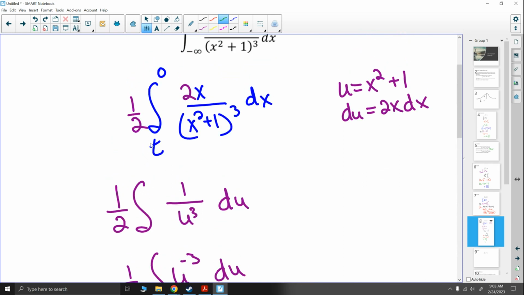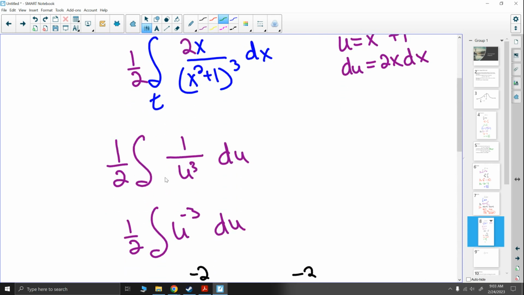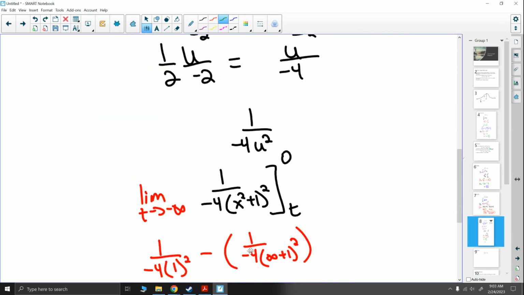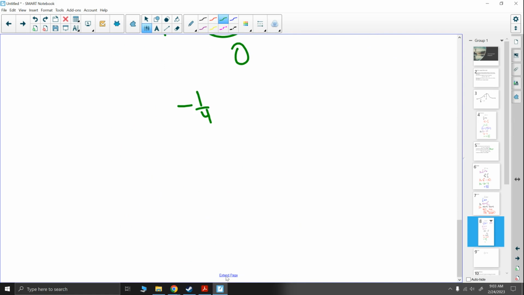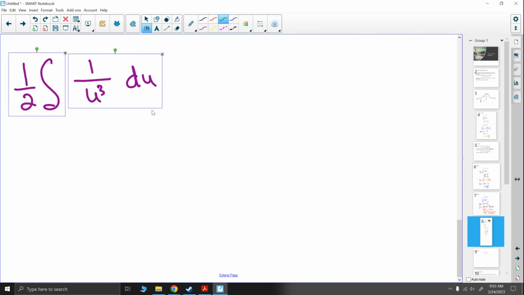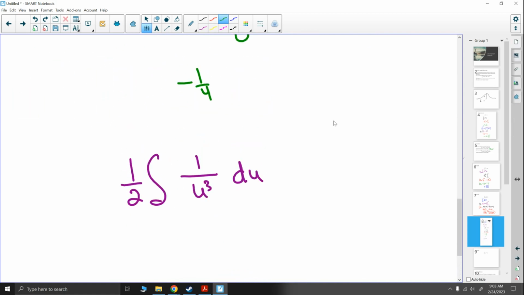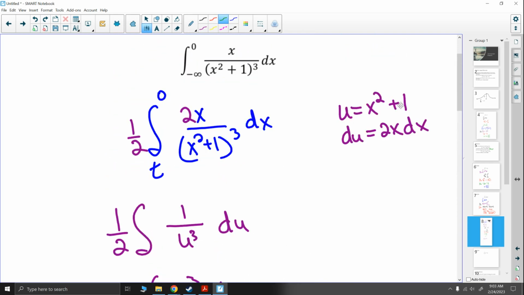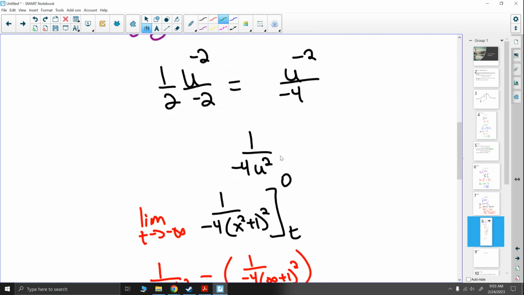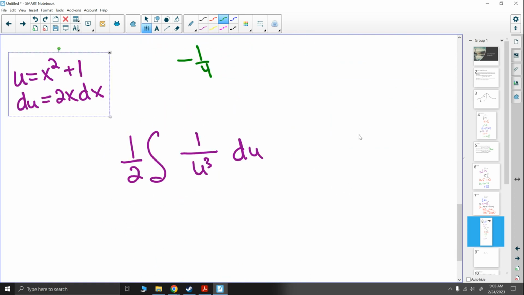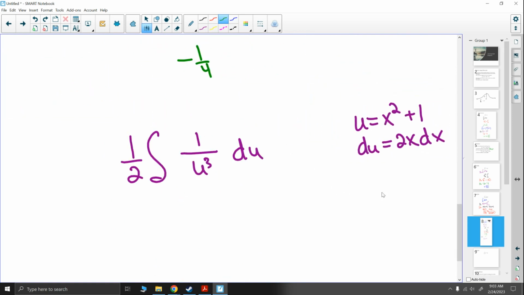Okay, now let me point out something really quick. If we had changed the bounds of integration here, so what that looks like is when we change a value from x's into u's on a definite integral, then we use the same conversion. We know that u is x squared plus 1. Now again, the original in terms of x was from t to 0.